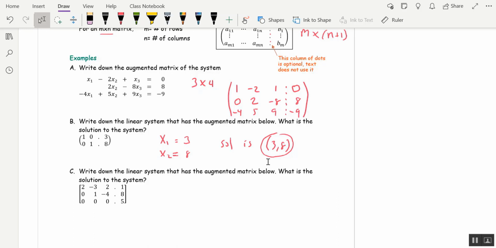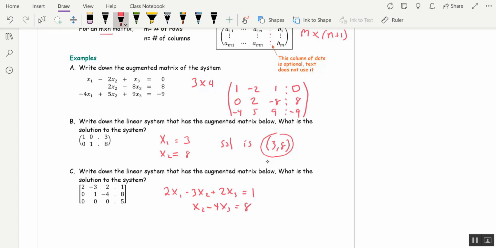All right, and then C, write down the linear system that has the augmented matrix below. What is the solution to the system? All right, so 2x1 minus 3x2 plus 2x3 equals 1. That's the top line. Second line is x2 minus 4x3 equals 8.